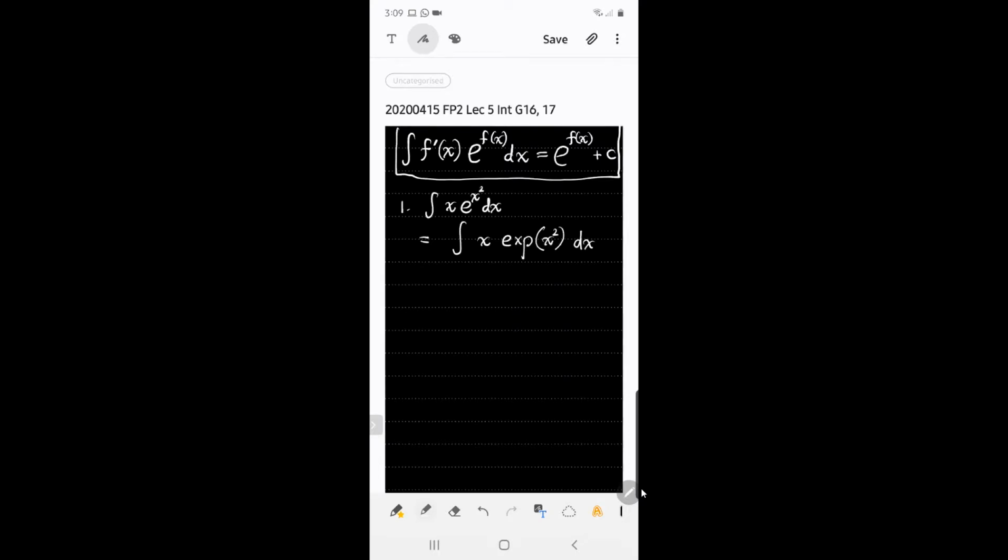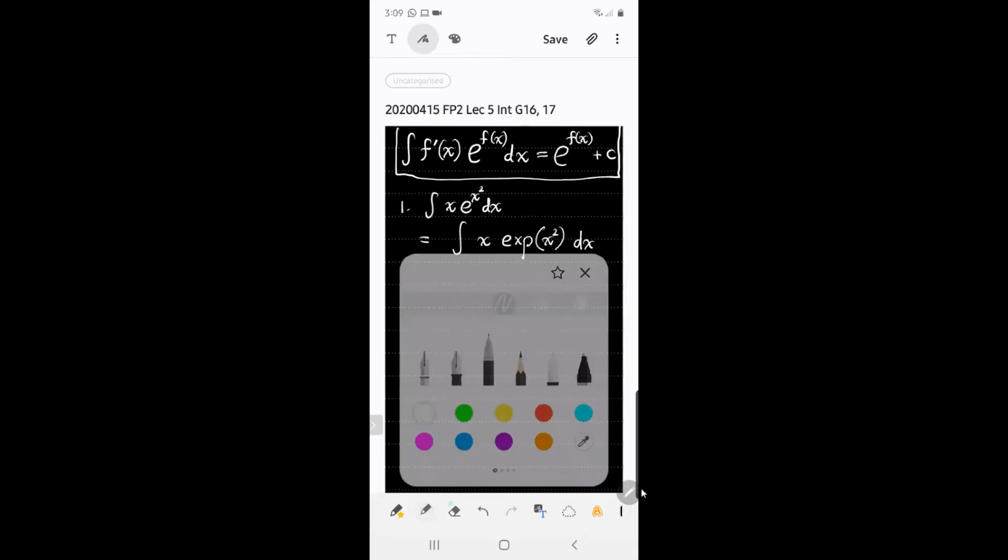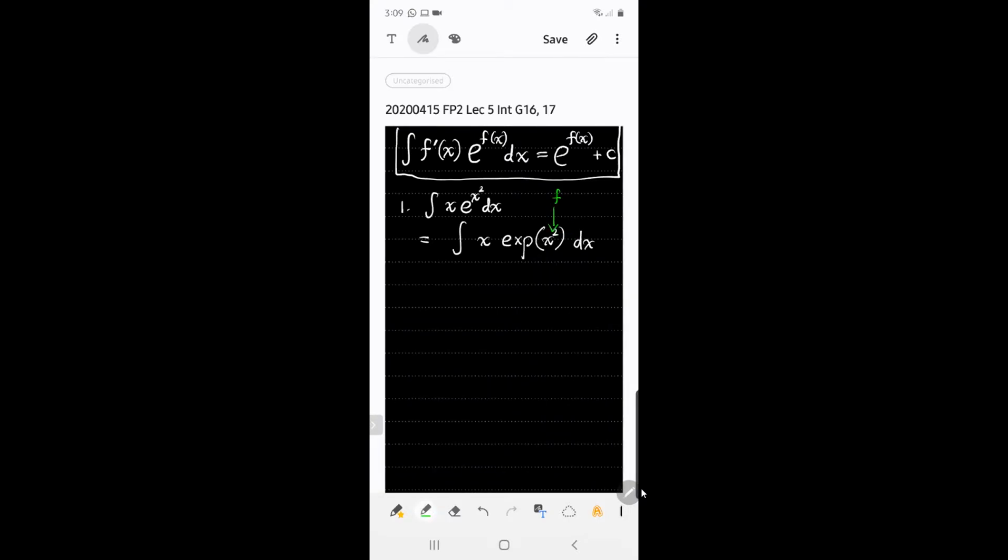You can have this kind of notation. Now, I want to find the f prime. Knowing that this one is the f, therefore the f prime means 2x. Now you already had x in front, so you need a 2 there. This is what I mean by the adjustment. Therefore, inside the integral, you multiply by a 2, and outside the integral, you divide by a 2.